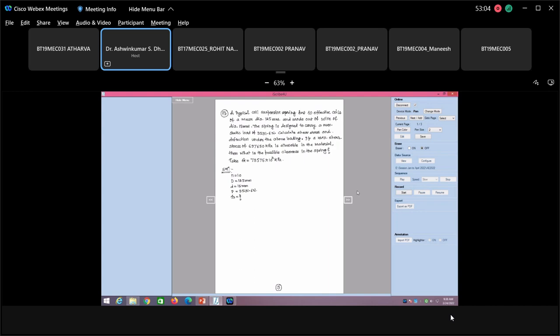If the maximum shear stress, Fs maximum, is given as 637,650 kilopascal in the material, then the possible clearance in the spring. So for the possible clearance, first we have to find delta, assuming this Fs. So we have to find delta and delta max, two things. Understand that this is the spring.